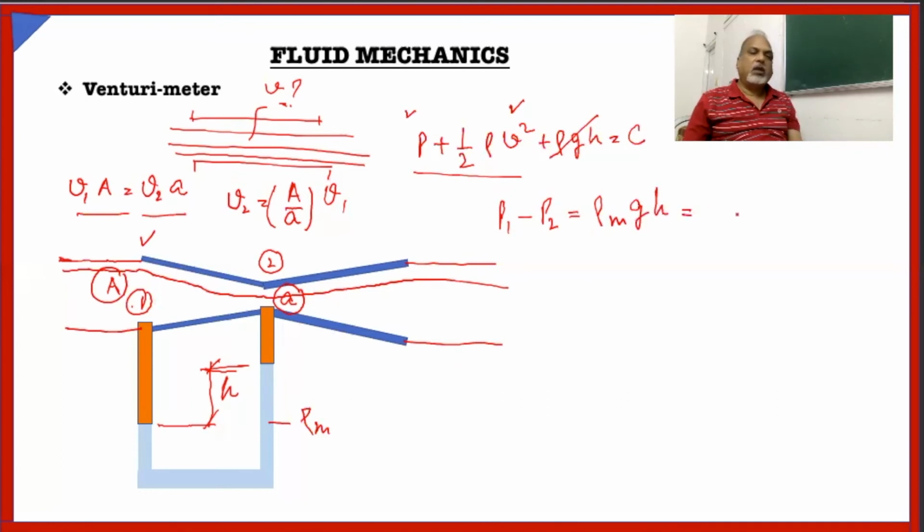And this must be equal to, what is P1? P1 plus half rho V1 square is equal to P2 plus half rho V2 square, correct?